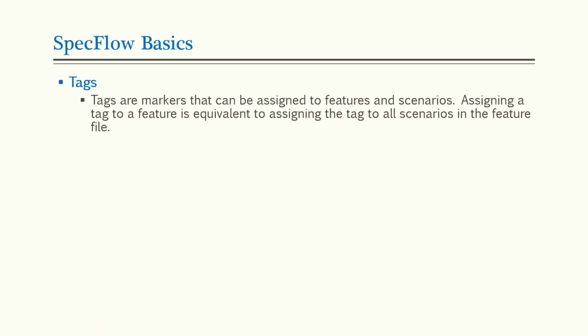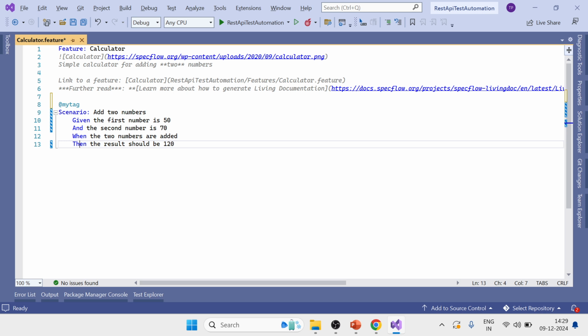Next, tags. Tags are markers that can be assigned to a feature and a scenario. Assigning a tag to a feature is equivalent to assigning the tag to all the scenarios in the feature file. So suppose you have this, and you can add the tag @sum here.